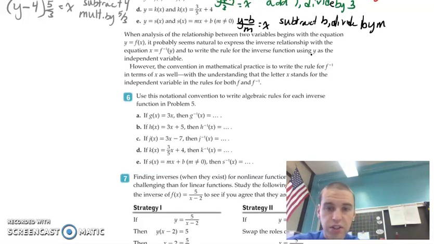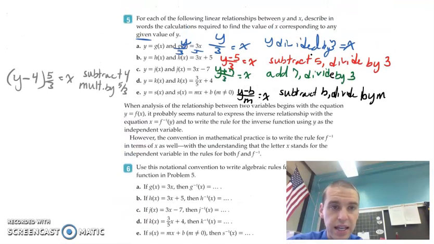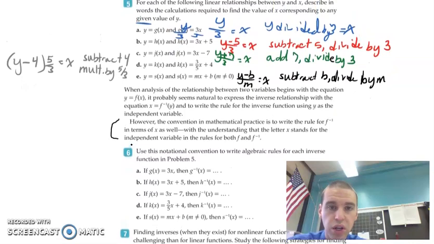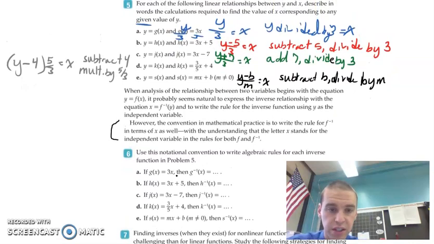And why I did this is in 5, I already wrote the answers here. But see how they're in terms of y as the independent variable and x as the dependent variable? We just talked about right here how that's not how we write it in mathematics. And so if we look, we have y over 3 equals x.